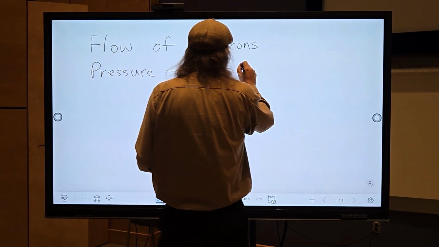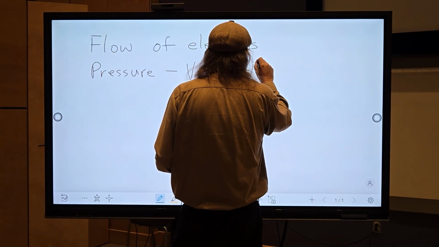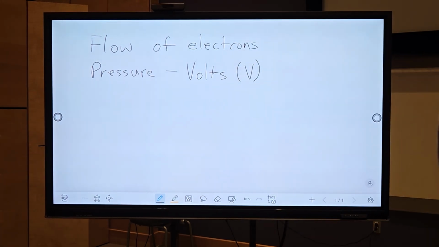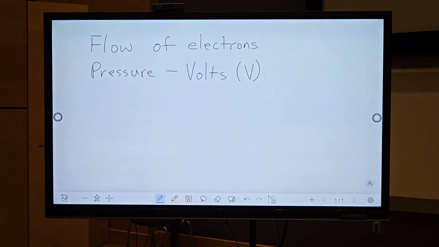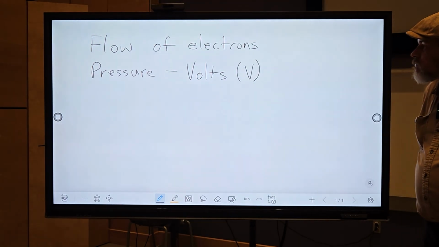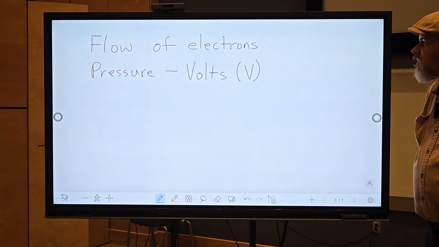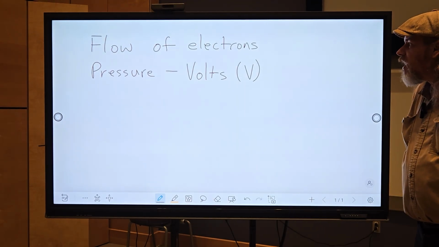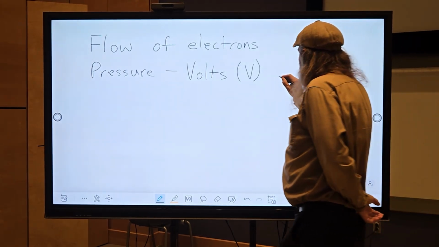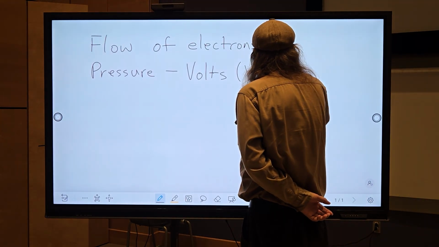And we typically use the symbol V for that, capital V. Small v is reserved for velocity. But that's the units used for that. That is also called by some the potential difference.